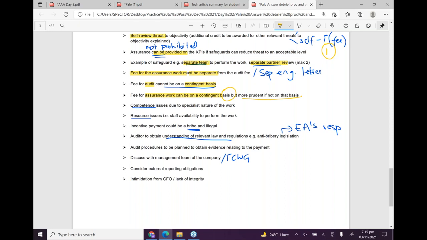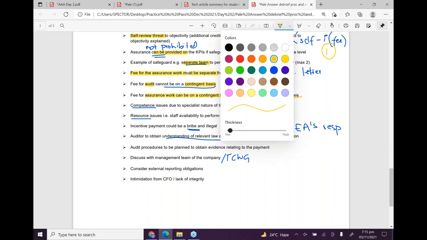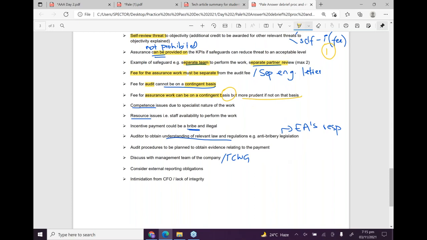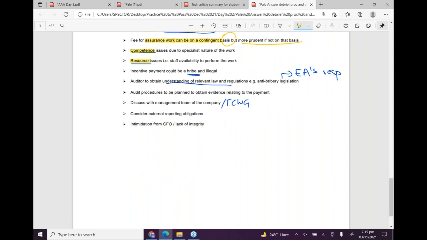When you look at my code from yesterday, it is clearly mentioned over there. You get easy marks for saying before accepting this work, consider if you have the competence and the resources. Then I'm changing the course of my answer. Remember, incentive payment is potentially illegal.